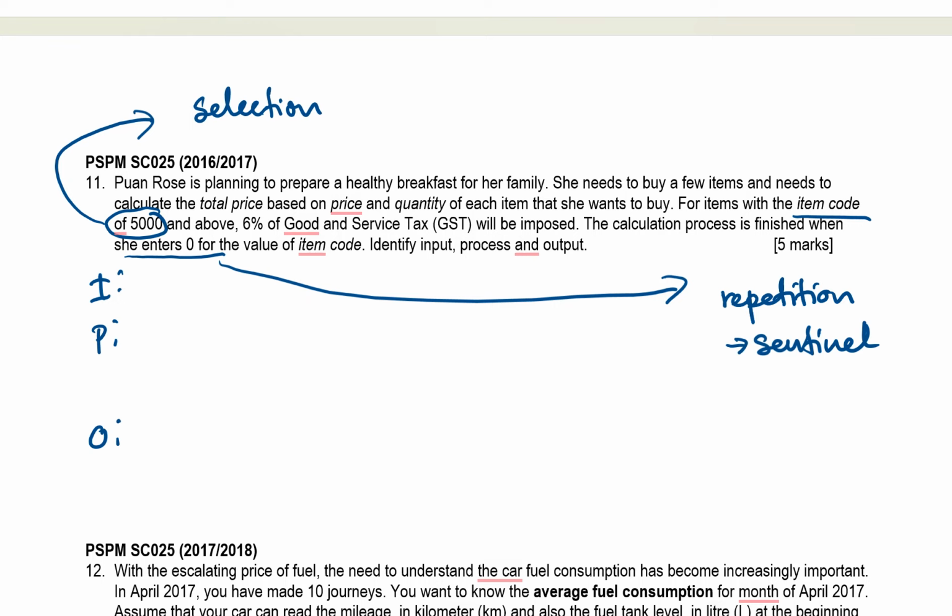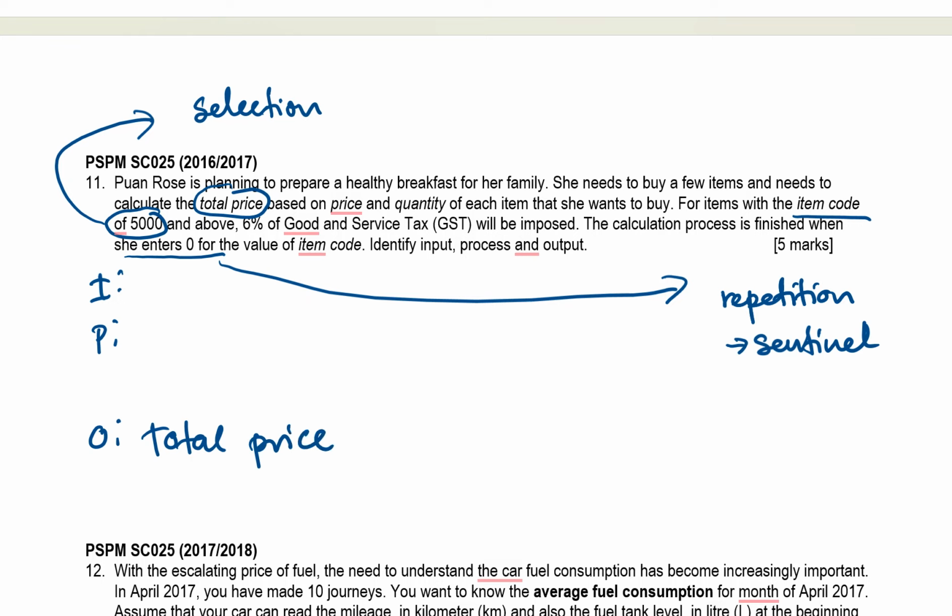Of course, sequence must be there. In any problem statement, at least you must have a sequence control structure. So in this question, you have repetition, selection, and sequence. Now, what is the output? The output is we are going to calculate the total price. This one is quite easy.